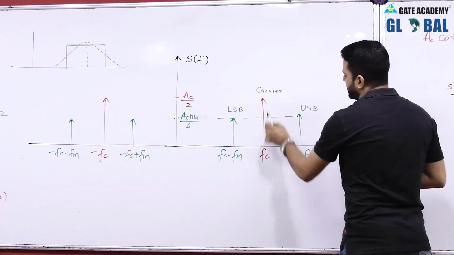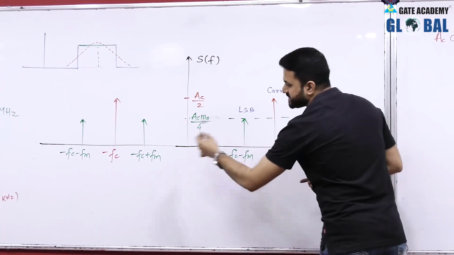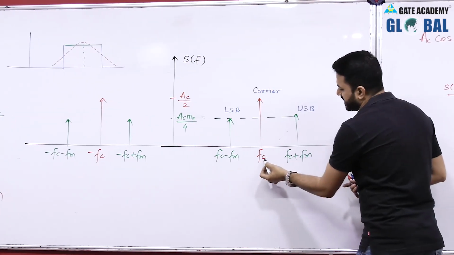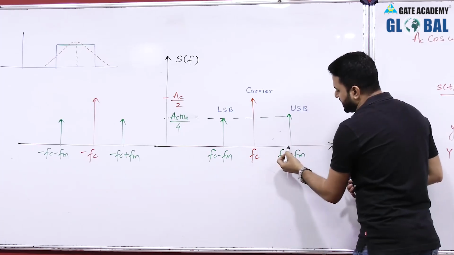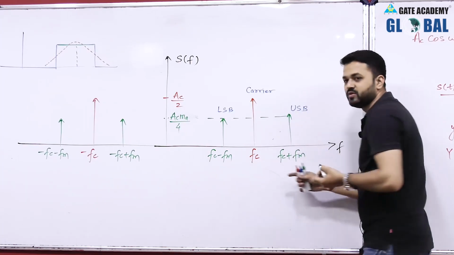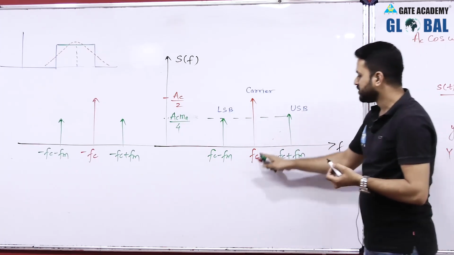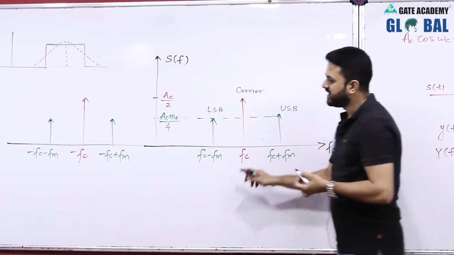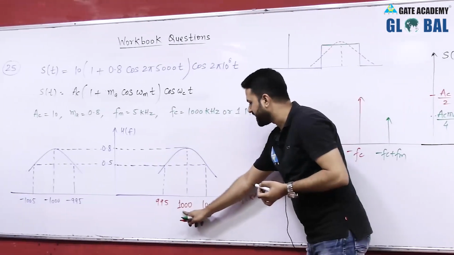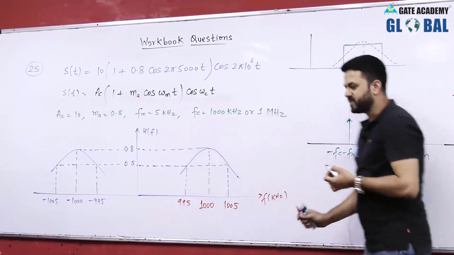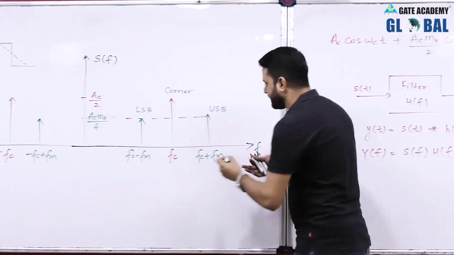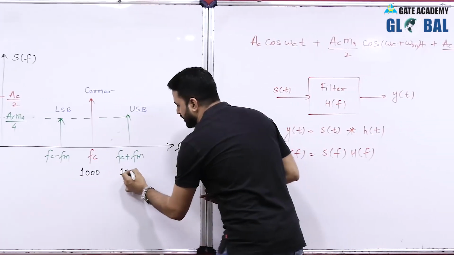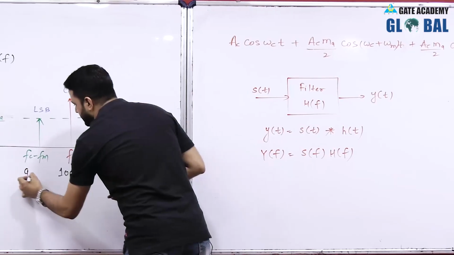If we multiply these two spectra, we have a component at Fc, and in between, from Fc to Fc plus Fm, it is 0. The value of the filter at Fc is 0.8, because Fc is 1000, and Fc plus Fm is 1005 and the other is 995.